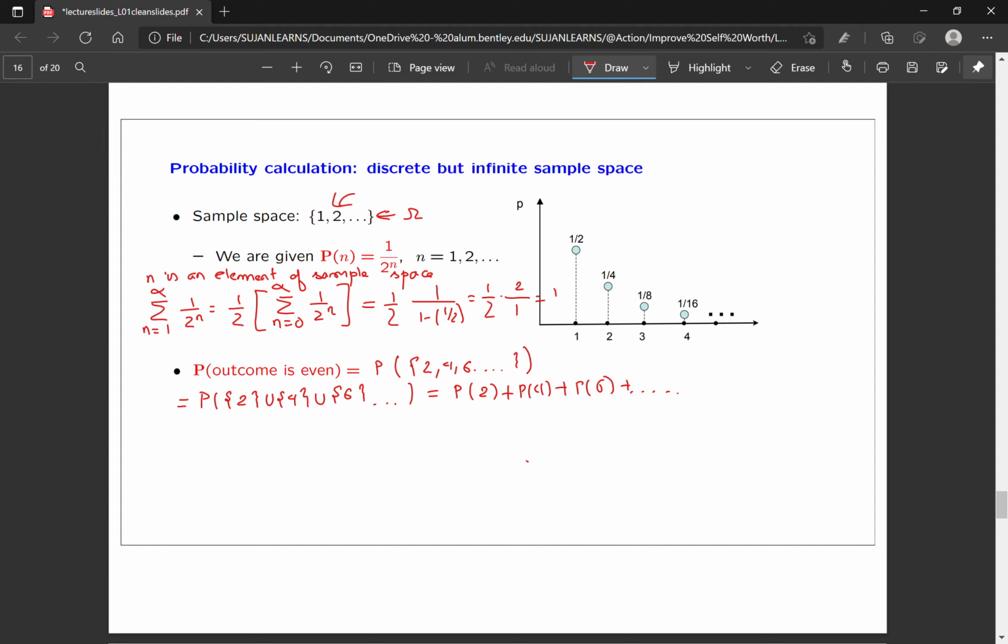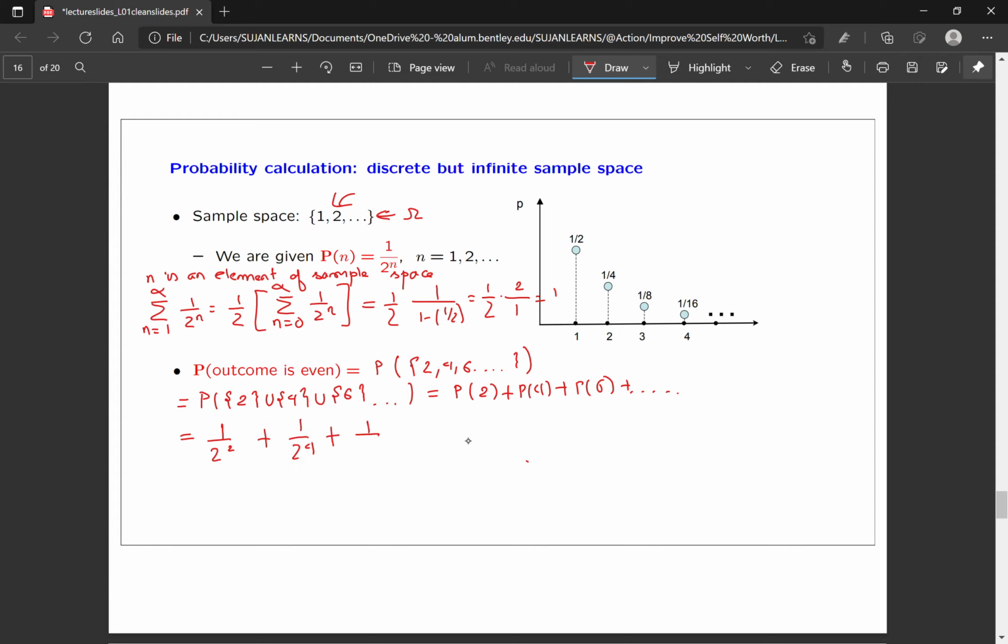Next step is to actually calculate the probability of each of these expressions. What is the probability of 2? Probability of 2 is 1 by 2 squared. Probability of 4 is 1 by 2 power 4.